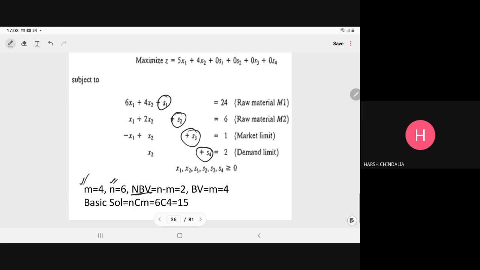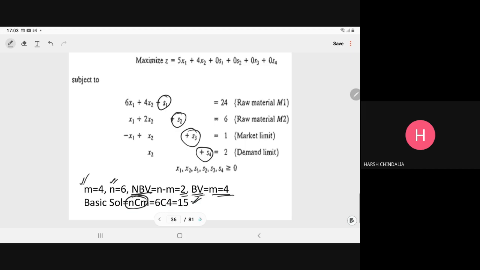So n minus m will be 2, and the number of basic variables which form the basis is m = 4, which means whatever the number of equations, that many variables we have to take. Now if you compute the basic solutions, how many do we have? nCm. Here we have 6C4, so in total we have 15 basic solutions.